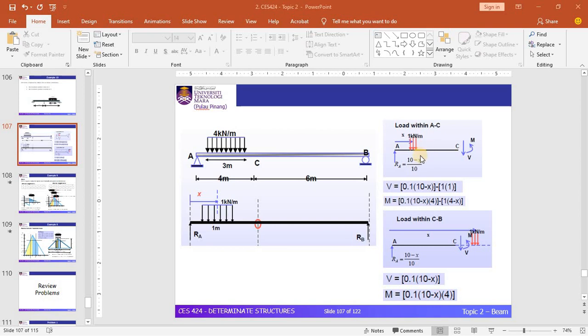Here is the UDL load, based on the load that has been placed within AC. Meanwhile, this is the condition where the load is moved within CB. What you can see between both of these diagrams is that the diagram remains on the AC.